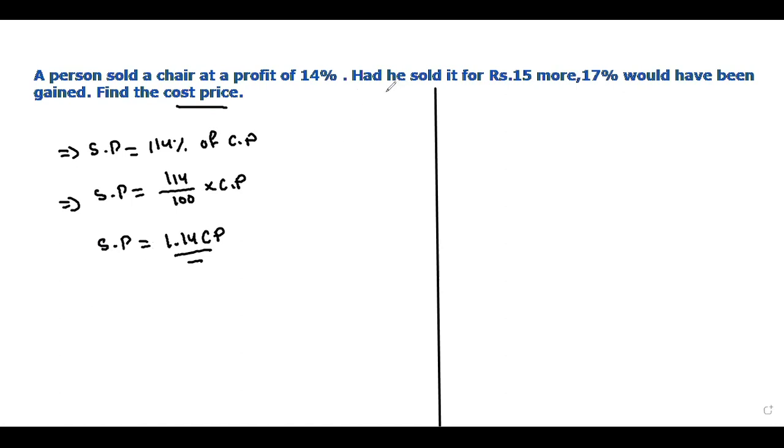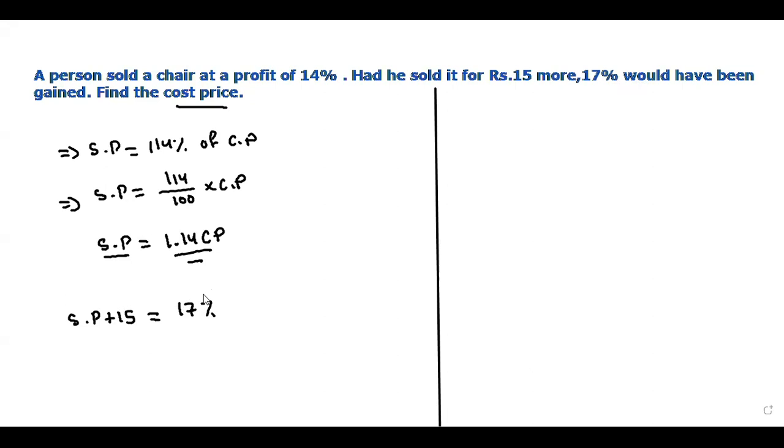Now second, had he sold it for rupees 15 more, that is SP plus 15, he would have gained 17%.